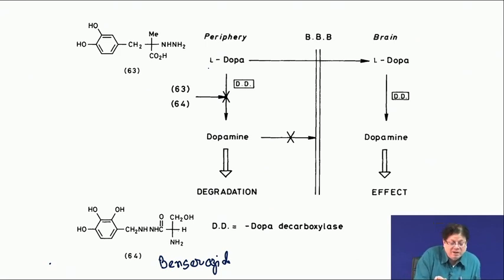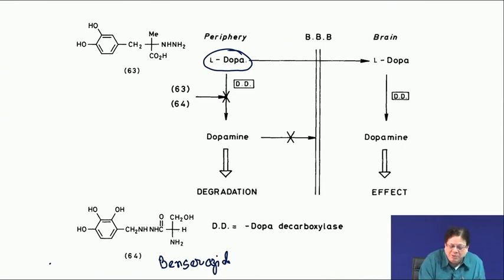In L-DOPA, you see here it is written that tyrosine crosses, I told you, but tyrosine is not the answer to treat this type of disease, because tyrosine will be utilized mostly for its primary role, that is to make the proteins. L-DOPA is not a protein amino acid, so you can take large doses of L-DOPA and that can cross the blood brain barrier.